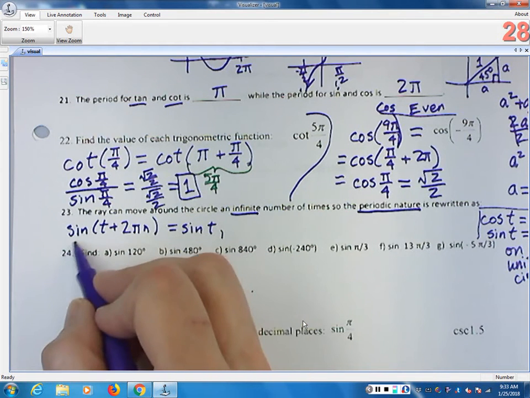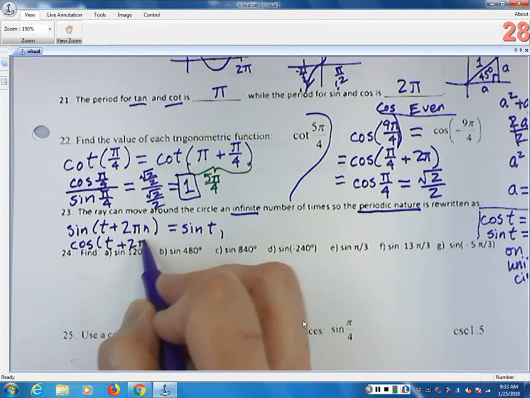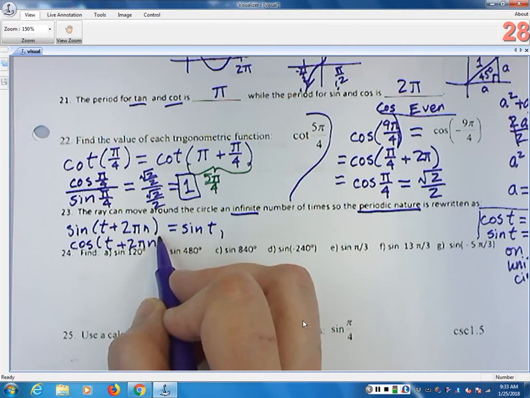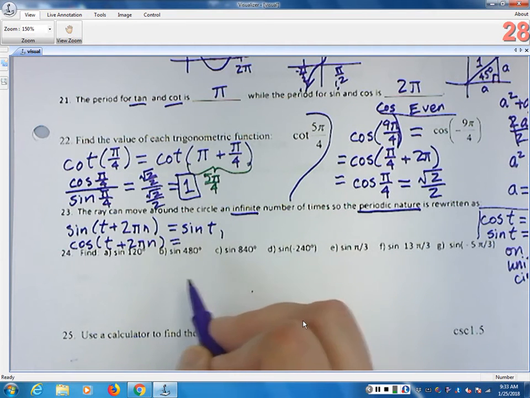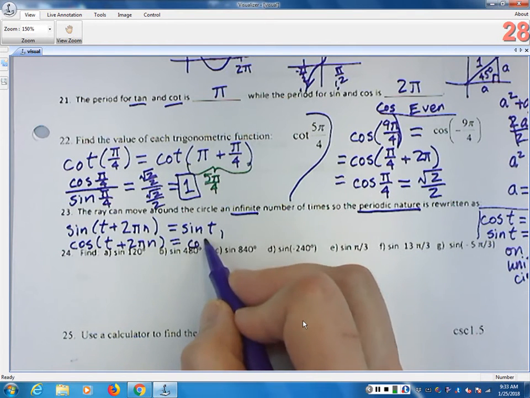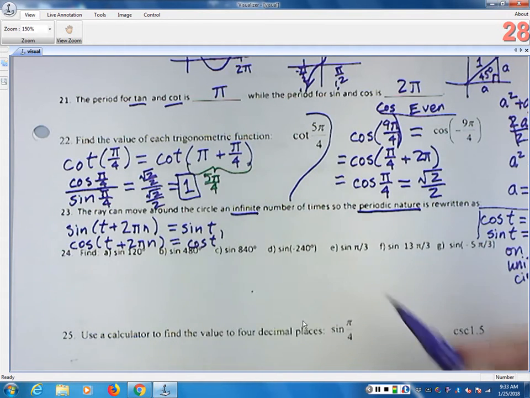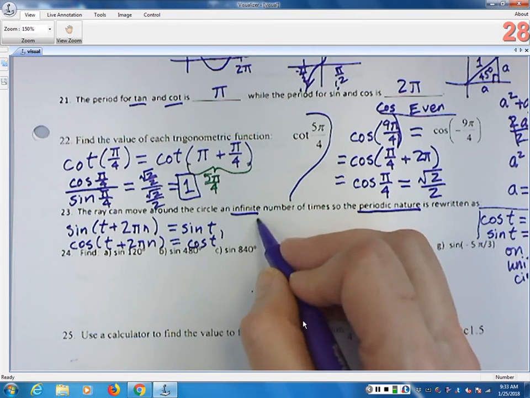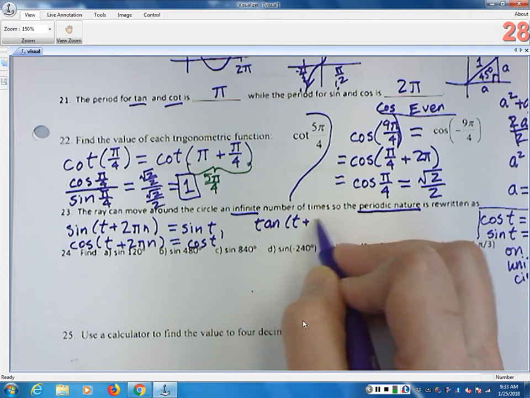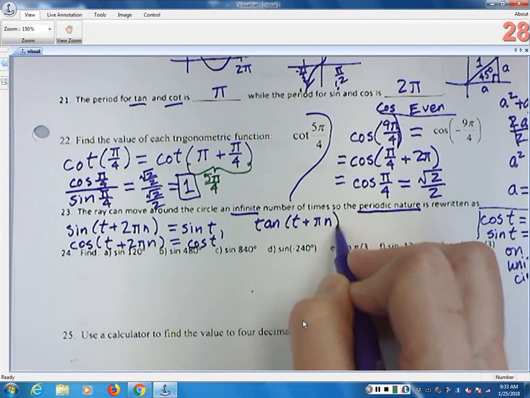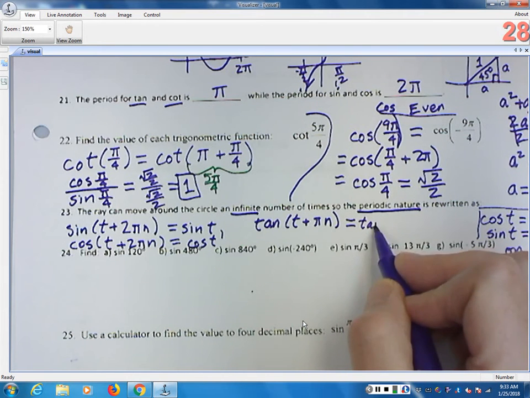And then same thing with cosine: cosine of t plus 2 pi n equals cosine of t, where n is an integer, and it can be negative. And then tangent and cotangent, same way, except now tangent of t plus pi n, since the period is pi, equals tangent of t.